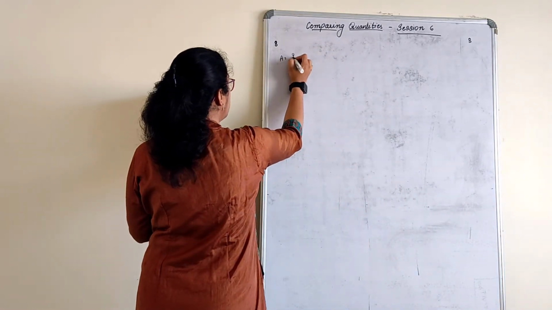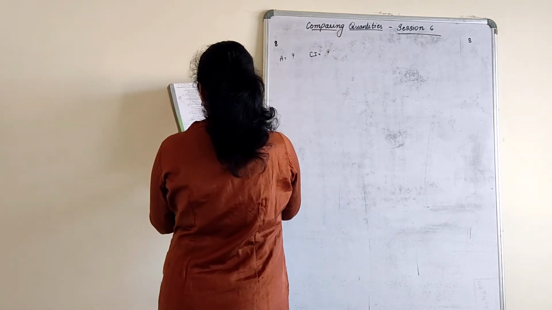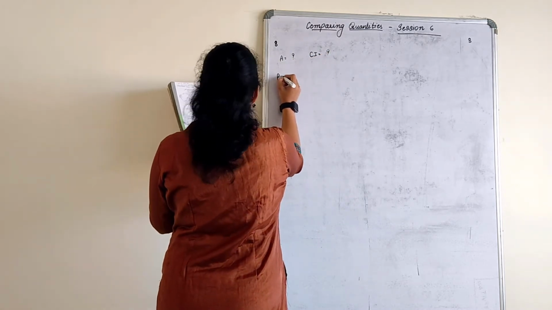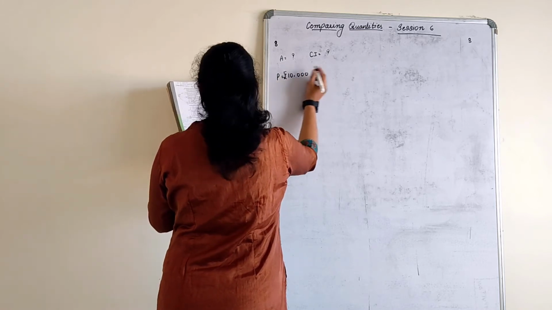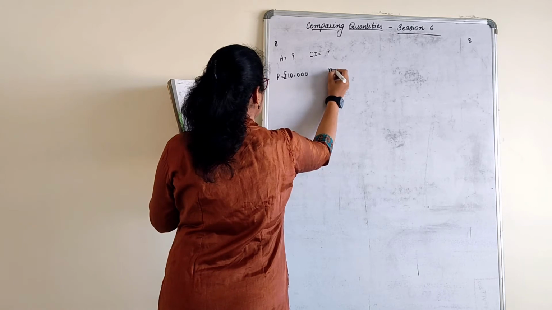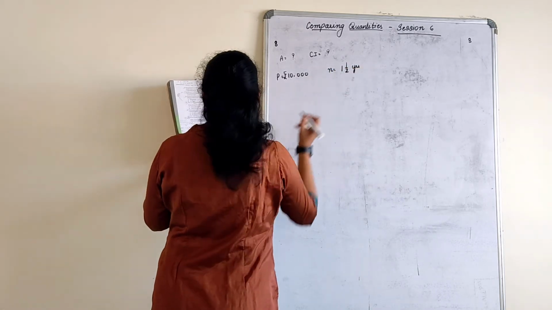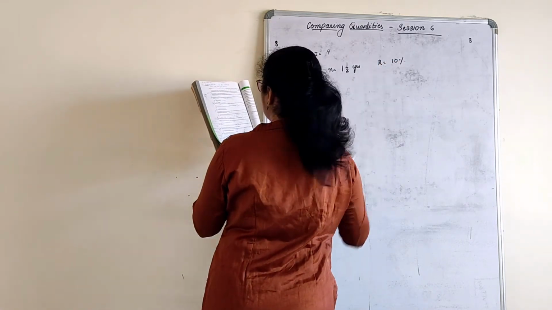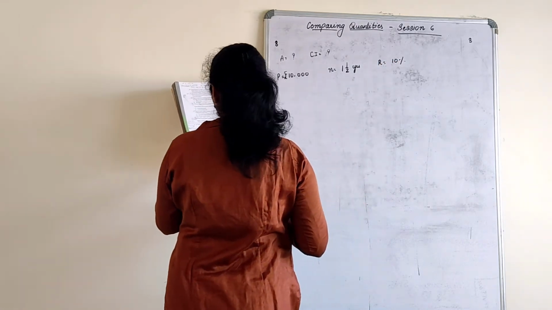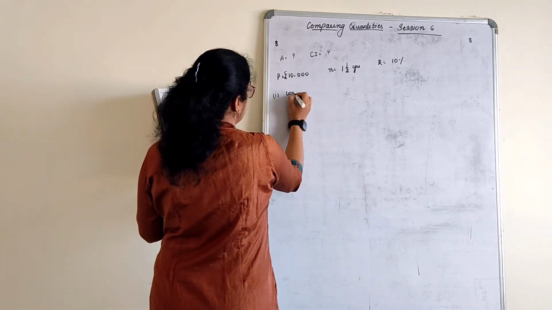You need to find the amount as well as the compound interest on, I'll write the given for you. 10,000 is the principal, for 1.5 years, n is equal to 1.5 years, at a rate of interest of 10%, compounded half yearly.